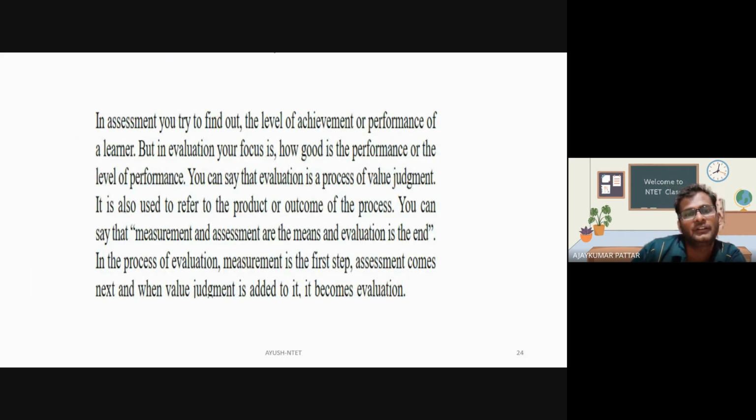Another thing: in assessment, you try to find out the level of achievement or performance of a learner. Assessment में क्या करते हैं आप, level of achievement और performance को आप find out करते हैं. But in evaluation, your focus is how good is the performance or the level of performance.